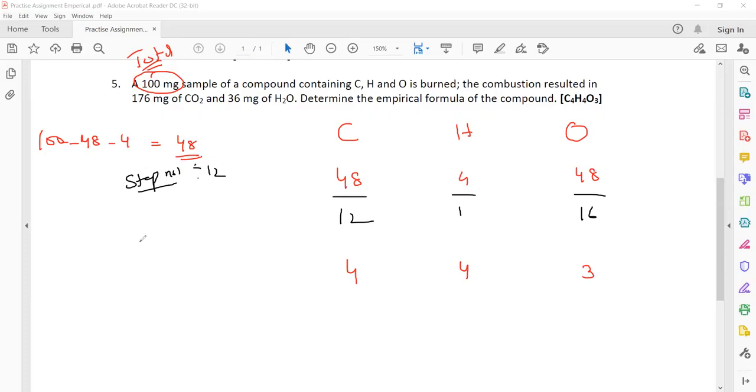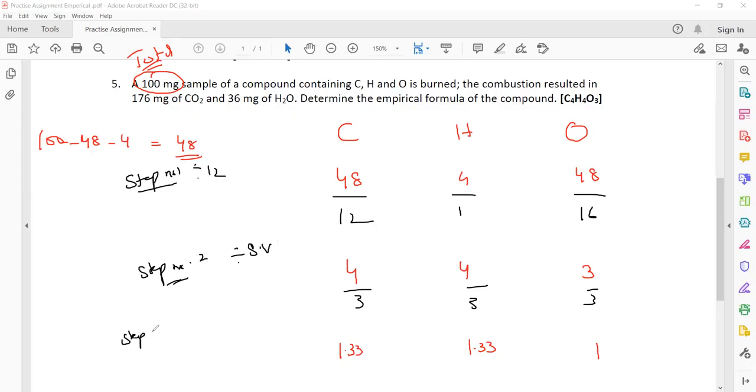Then step 2, divide by the smallest value in the combination, which is 3 here. So we divide all of them by 3. We'll get 1.33, because 4 divided by 3 is 1.33, 1.33, and this is 1.